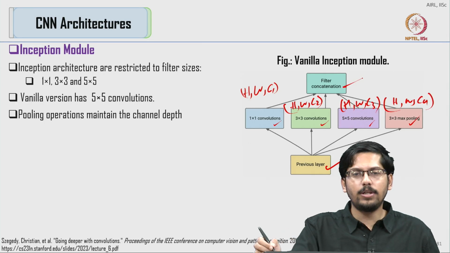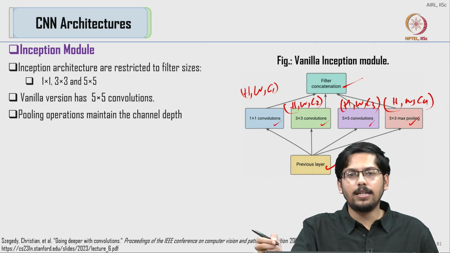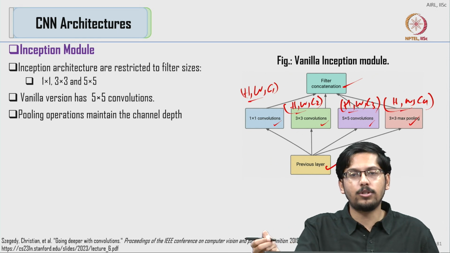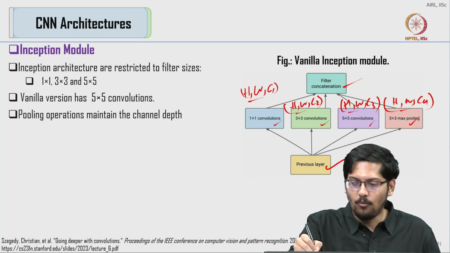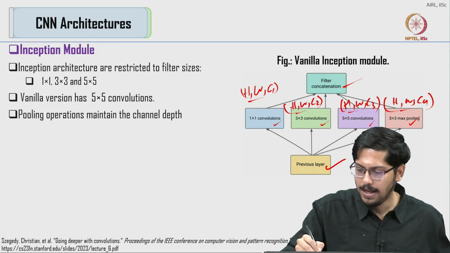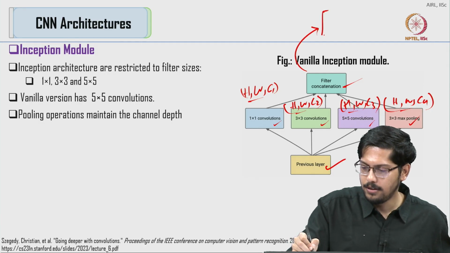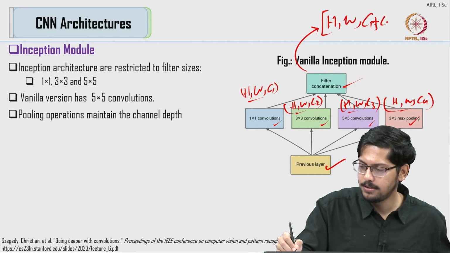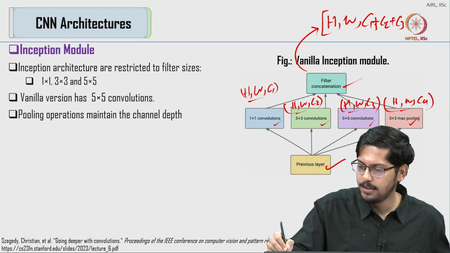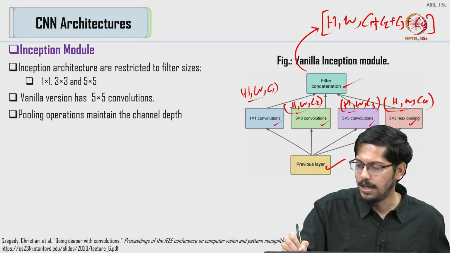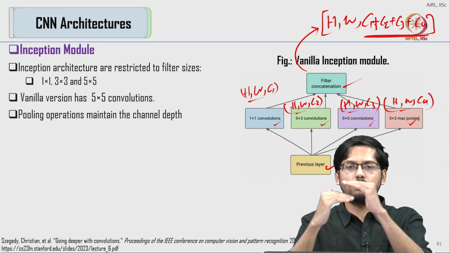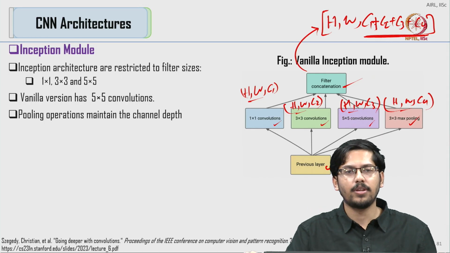Whenever a concatenation operation is performed, the resolution of all these feature maps should remain the same, right. When the feature concatenation is performed, the new feature map would be height, width, C1 plus C2 plus C3 plus C4. So essentially all these feature maps are concatenated. It is like just putting one feature map below the other, right.